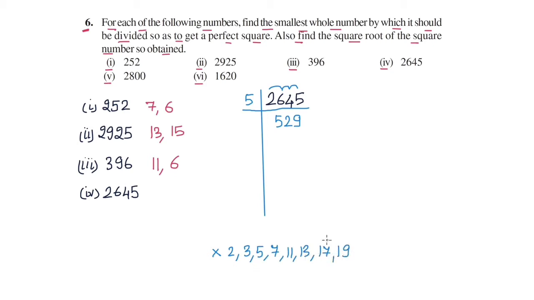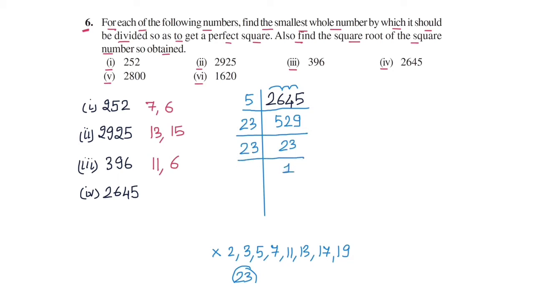None of these are factors of 529. So the prime number that is the factor of 529 is 23. In fact, 529 is a perfect square of 23. If we divide 529 by 23, we get 23, and 23 times 1 is 23.